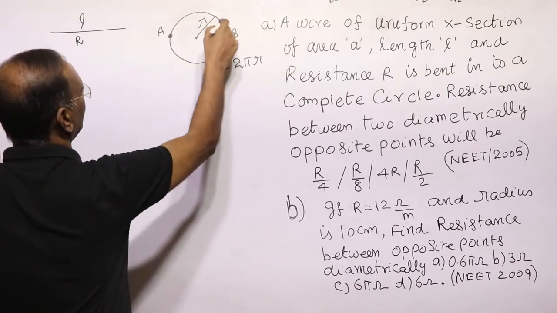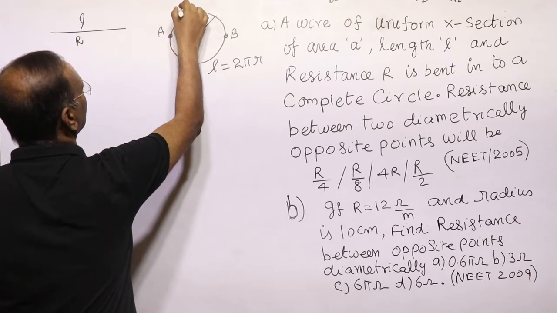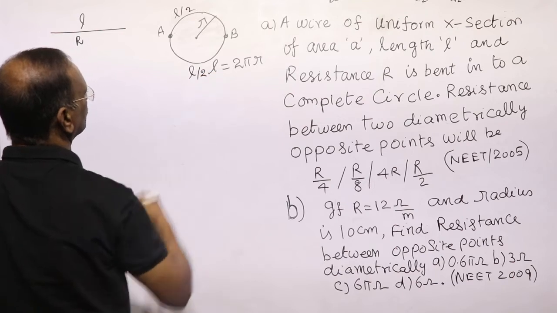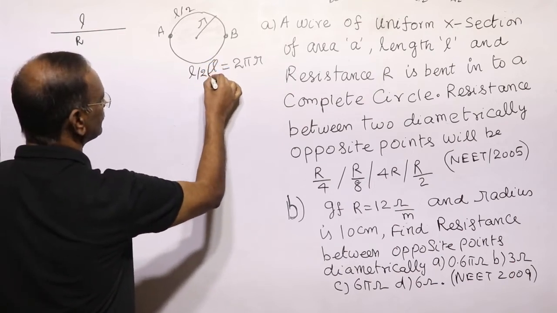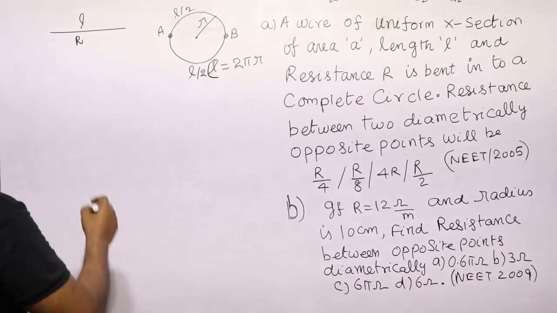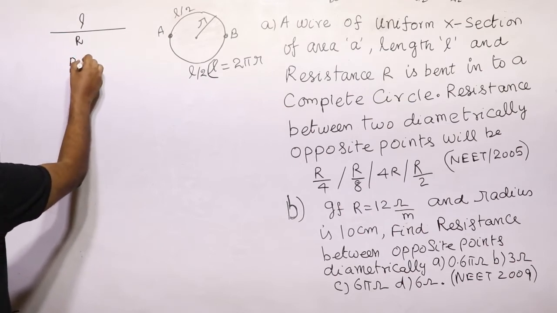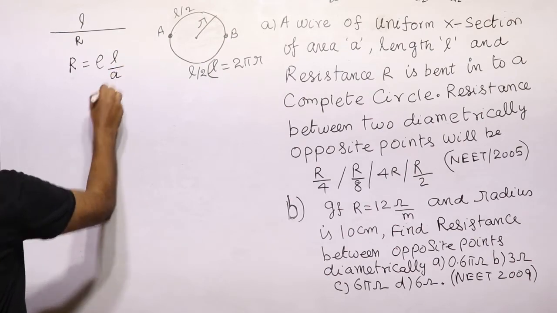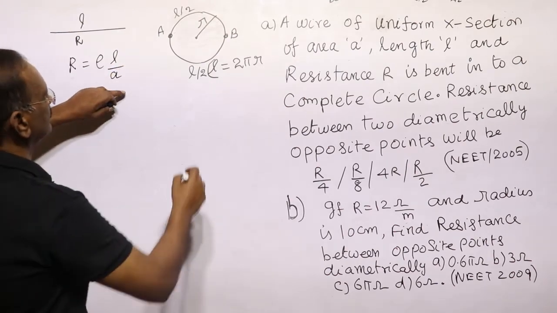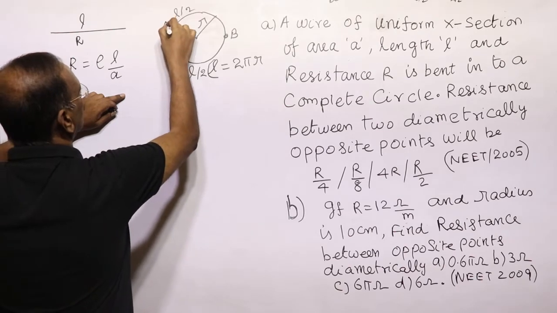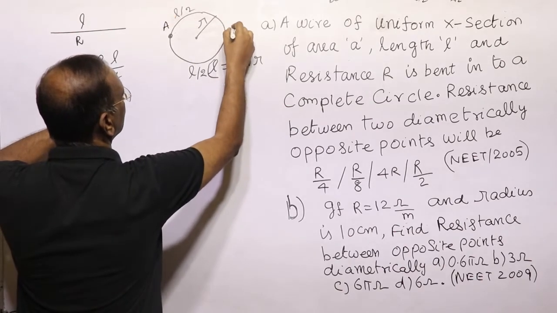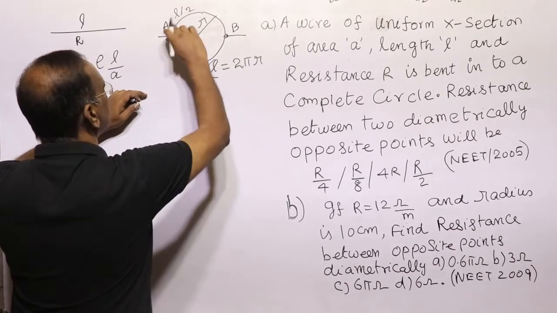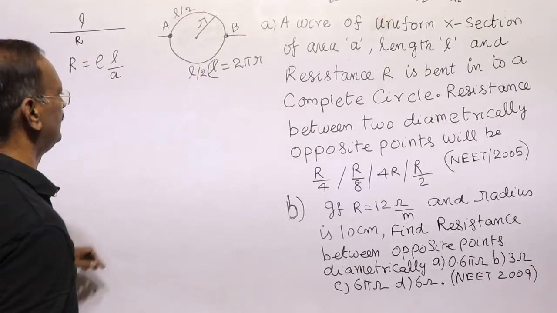If the whole length is L, each half will be L by 2. We know resistance is equal to rho L by A. Since the points are diametrically opposite, there is a separation into two paths, so the resistances are in parallel.